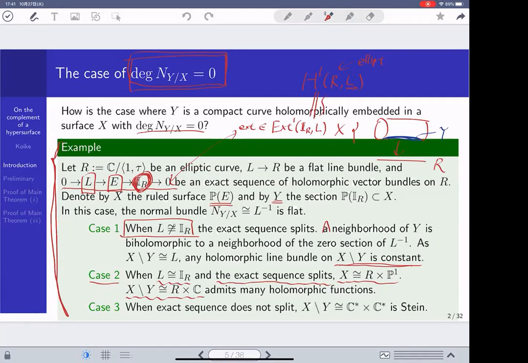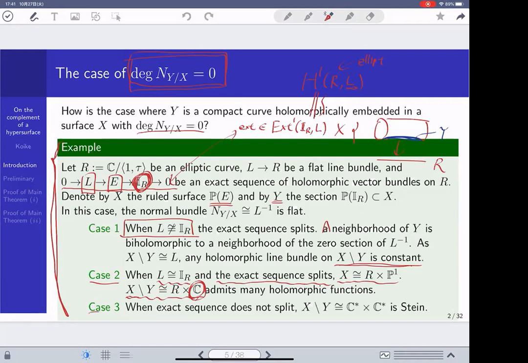But there's a difference. On the complement, there are many holomorphic functions because C has many holomorphic functions. So case 1 and case 2 are quite similar in the geometrical sense, but from the complex analytical point of view, there is a difference between case 1 and case 2.